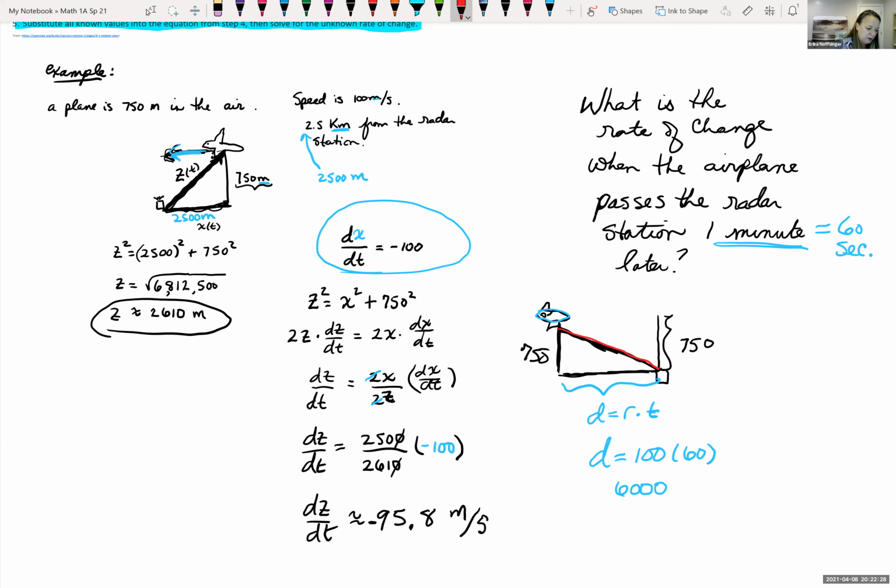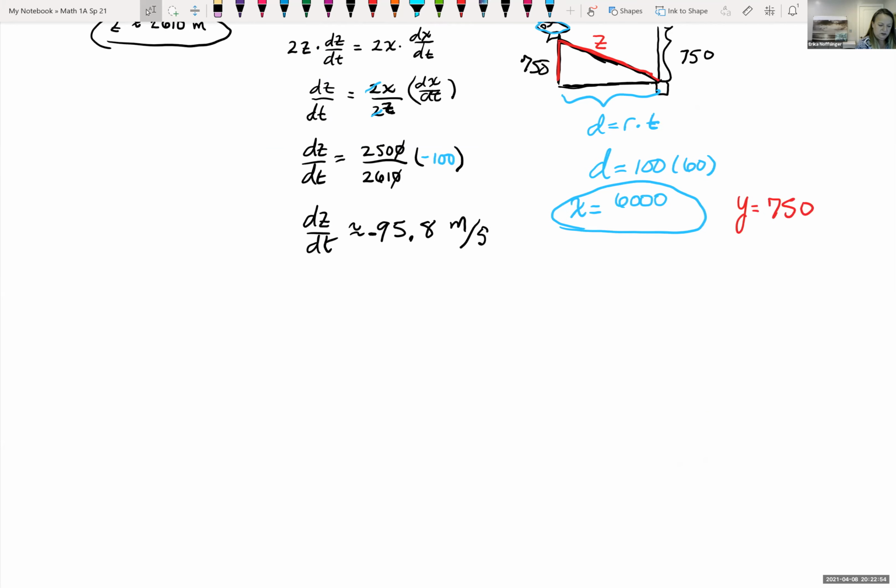So our X value when we're looking at this is 6,000. Our Y value, this distance in here, is 750. And we can find out what Z is by using the Pythagorean theorem. So Z squared is equal to 6,000 squared plus 750 squared. Let's just take the square root of that.